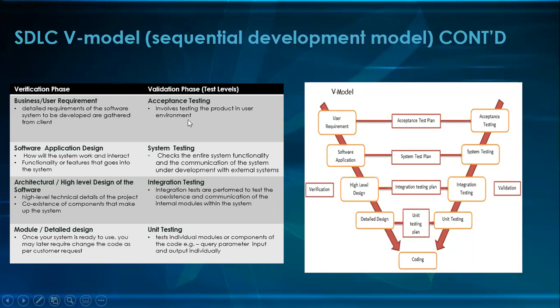What the acceptance test is against it, what we are meant to do, is involve testing the product in the user environment. That is the validation phase of the business requirements stage. So that's the testing to validate it. So anything you do on the verification phase, remember you must always validate it. So that's why they go hand in hand.